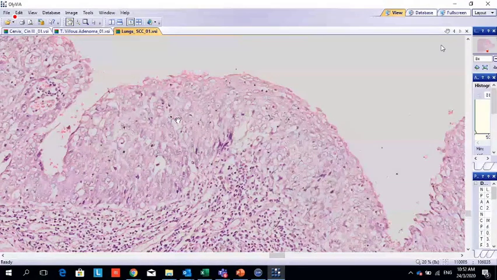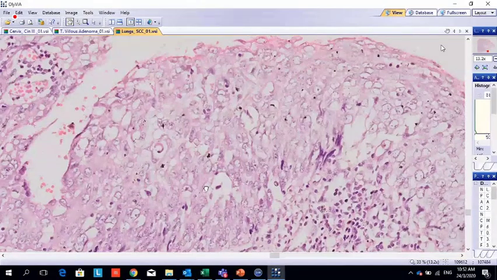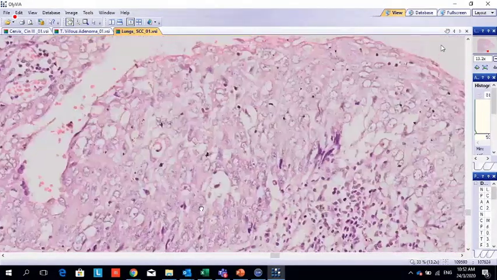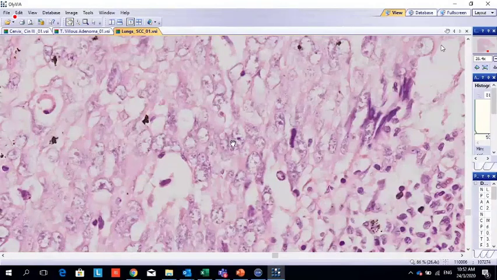Then this metaplastic epithelium progresses to dysplastic, even mild dysplasia to what? Is it mild or moderate or severe? What do you see? Can you identify? Severe, because it is involving the whole thickness, isn't it?